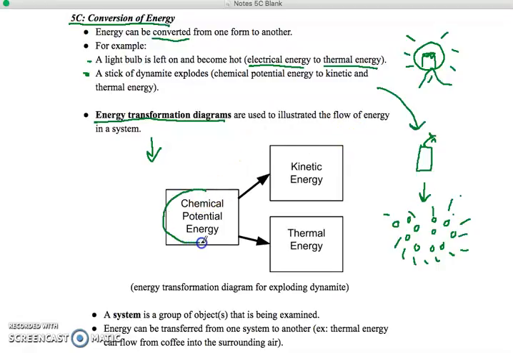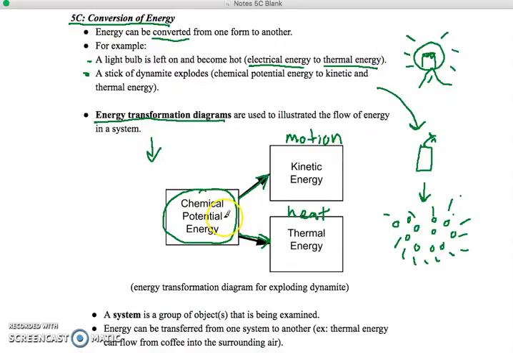The chemical potential energy in the dynamite is converted to kinetic energy because the particles are moving, and then thermal energy because it's giving off heat. This is an energy transformation diagram. It's very basic. It just shows the flow of energy, where it started and where it ultimately gets transferred. You're going to be seeing more of those later.